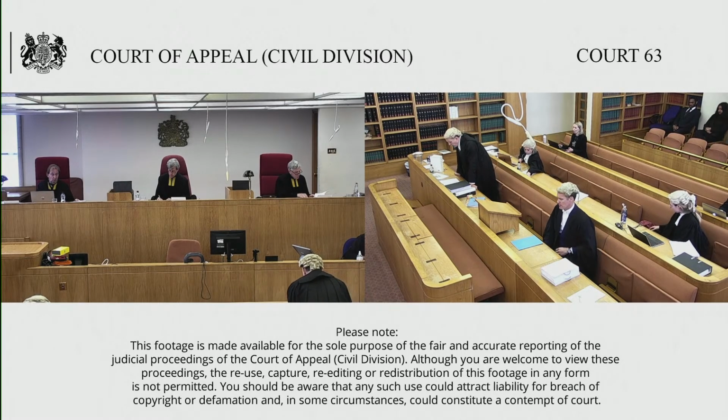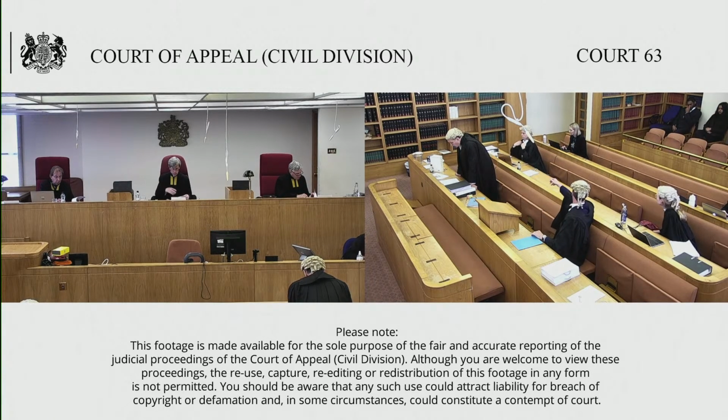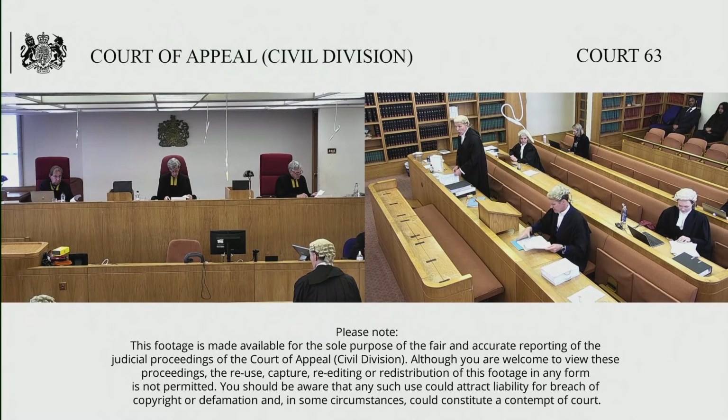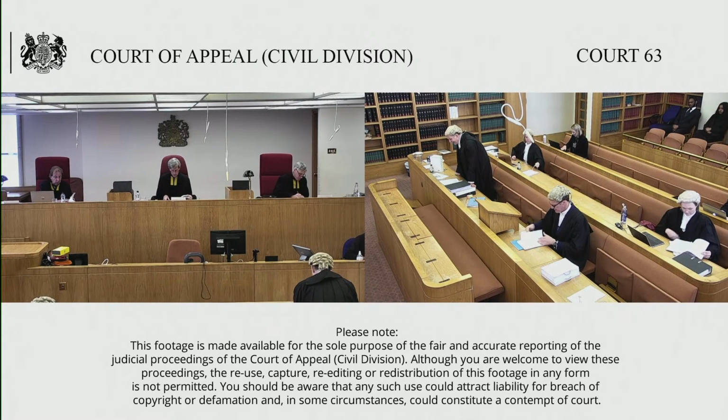Before I do that, we've handed in a small clip of additional further authorities. Behind divider 1 is section 146 of the Housing Act 1985, which deals with houses in multiple occupation overcrowding. Behind tab 2 is section 358 of the 85 Act.